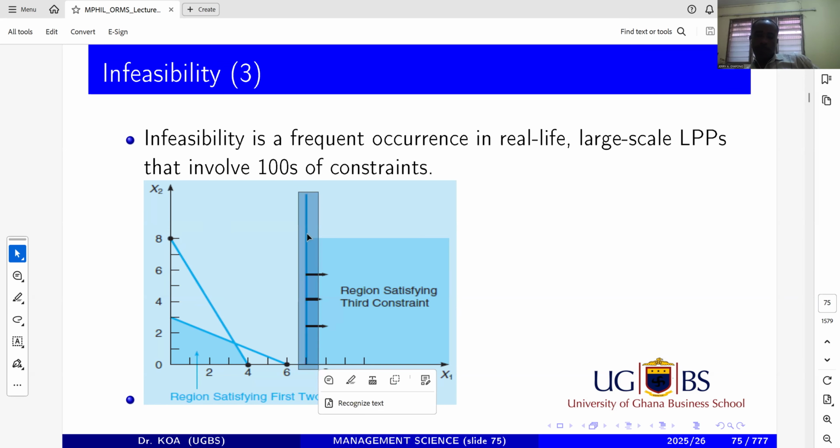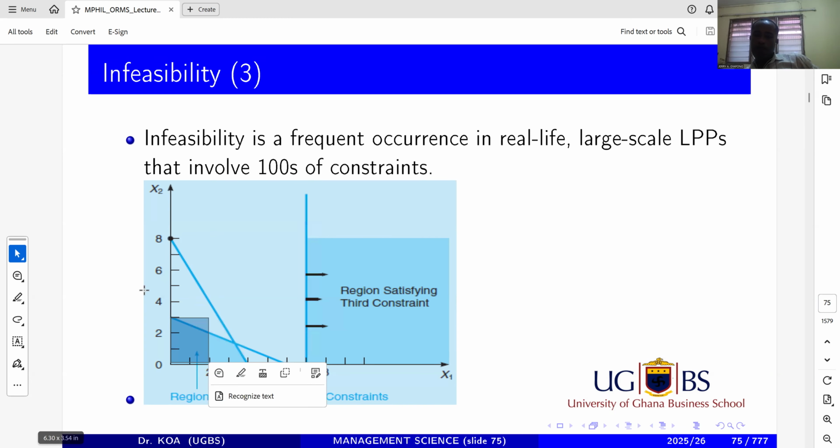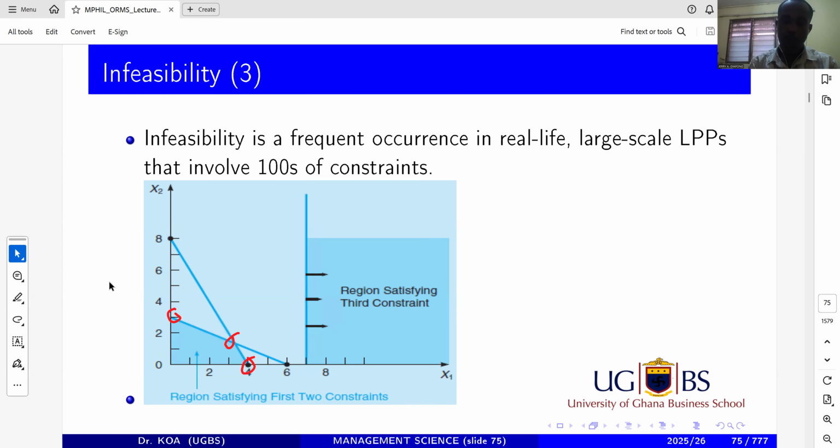And there's this third constraint, apart from these two, that would have created a beautiful solution area, as you can see. And then we would have gotten the results at this corner point, this vertex, and it would have been done. But then there was a third constraint that came into the picture. And this third constraint says that the feasible solution area should rather be here.